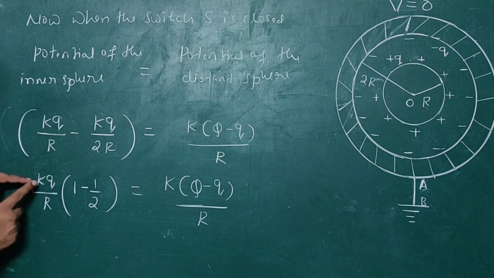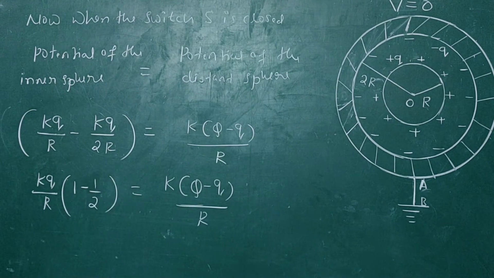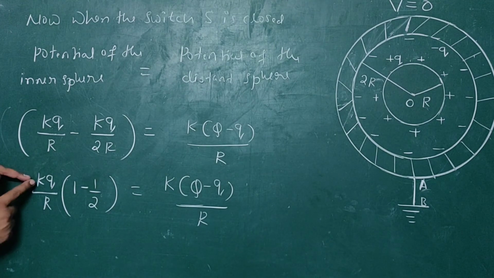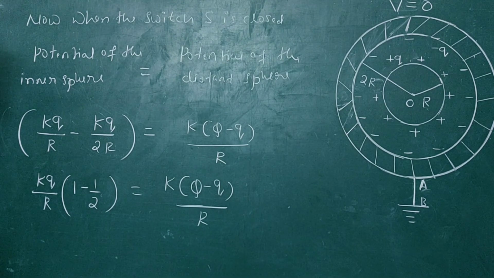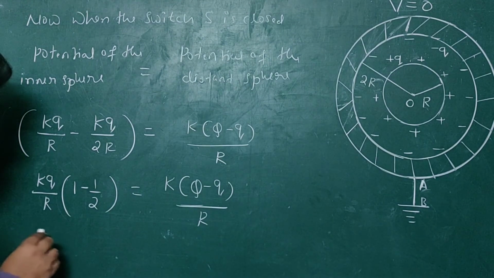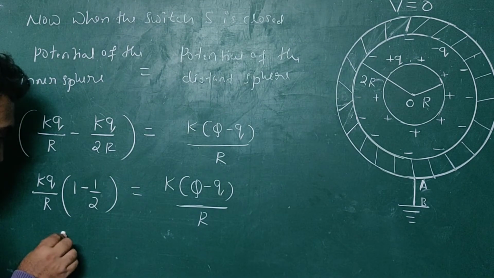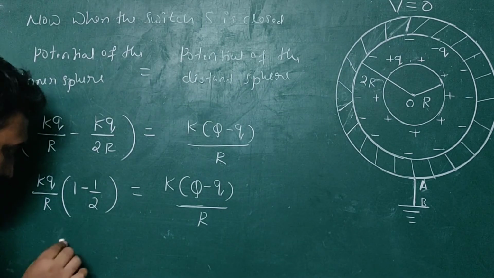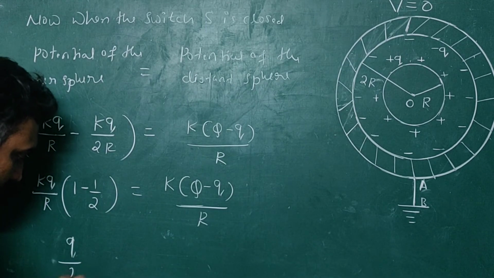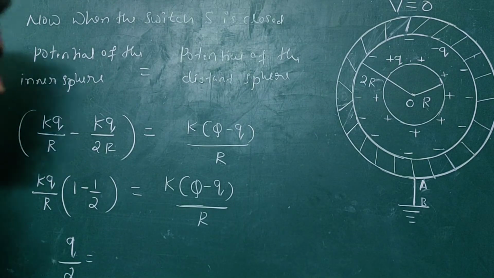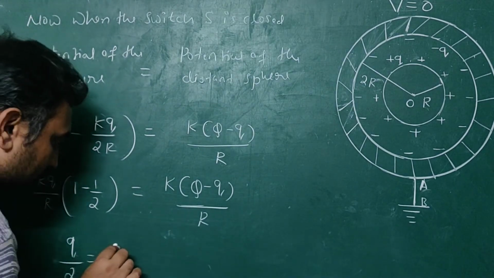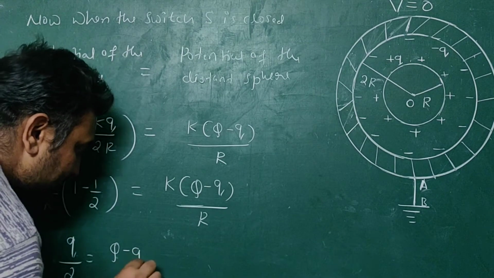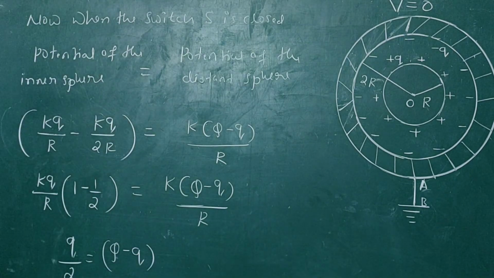We can cancel the terms k and r on both sides, and the remaining equation is q/2 equals Q minus q.